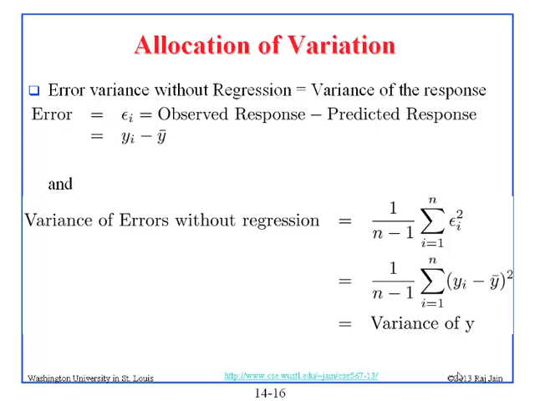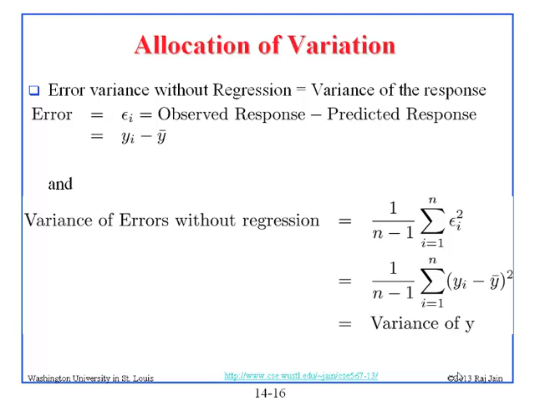If you didn't have any regression, you would have just given one number, y bar, and your error without the regression would be y minus y bar. If you sum the squares of the errors and divide by n minus 1, you get the variance of y.